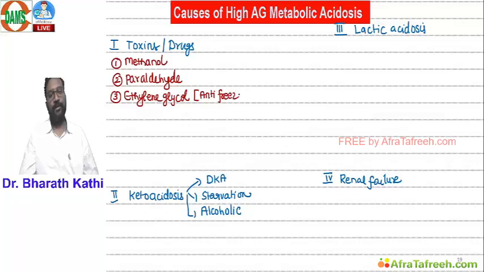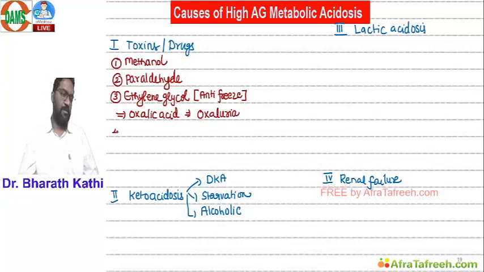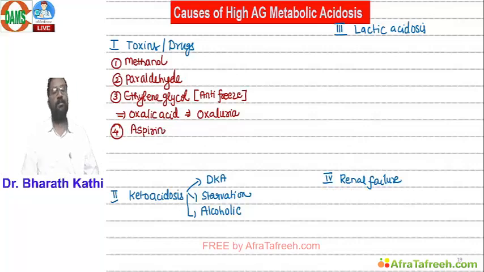This ethylene glycol can get converted into oxalic acid in the body that can result in oxalate crystals in the urine. Can anybody tell me one drug that is acid? It is aspirin. Methanol poisoning, paraldehyde poisoning, ethylene glycol poisoning, aspirin.